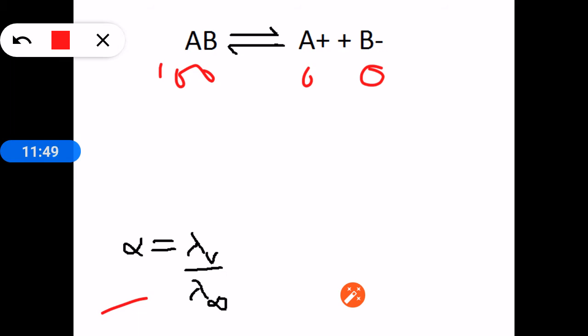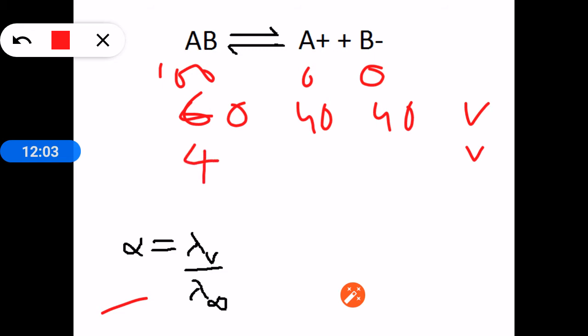Suppose we consider 60 remaining and 40 have undergone dissociation at a particular dilution V, and at another dilution, with increase in dilution, some more molecules have dissociated: 60 are formed, because 60 are undergoing dissociation, and the remaining will be 40.